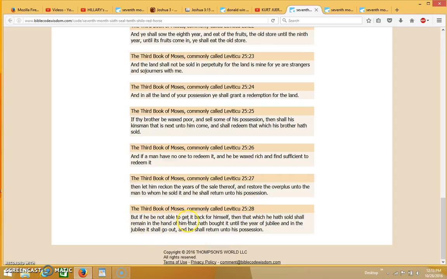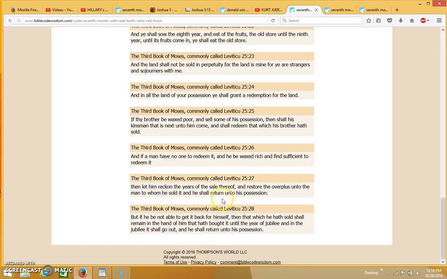And if he be not able to get it back for himself, then that which he hath sold shall remain in the hand of him that hath bought it until the year of Jubilee, and in the Jubilee it shall go out, and he shall return unto his possession.